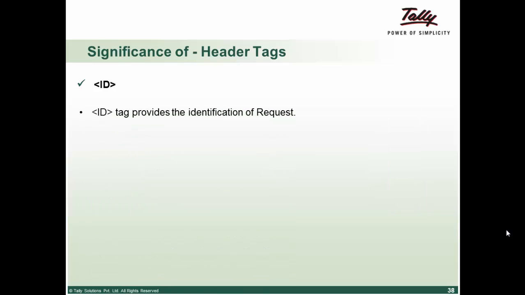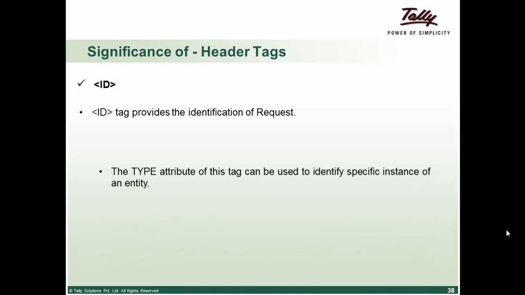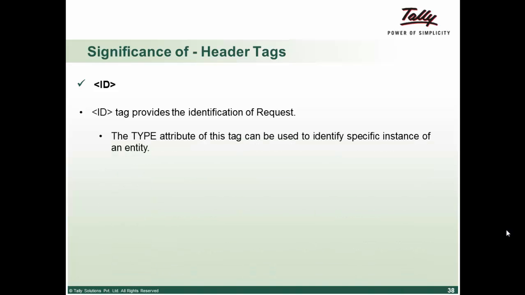The ID tag provides the identification of the report. Now at the Tally request you have said export. Fine. So what would you like to export? Data. But what data? That is what this ID will identify. What kind of request it would be is what this tag will accept as the value.